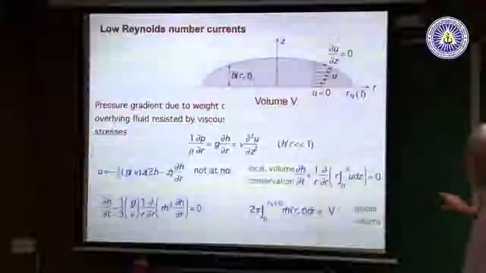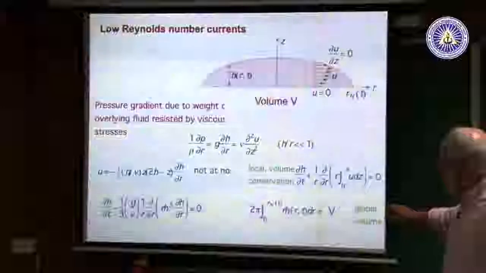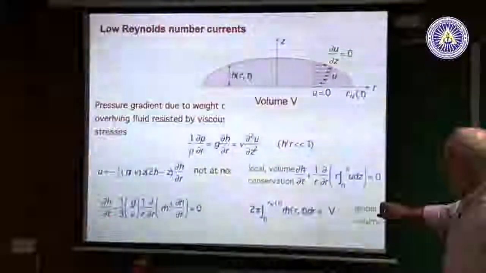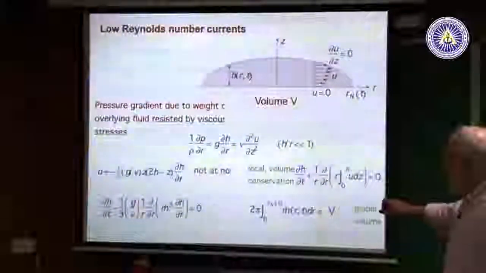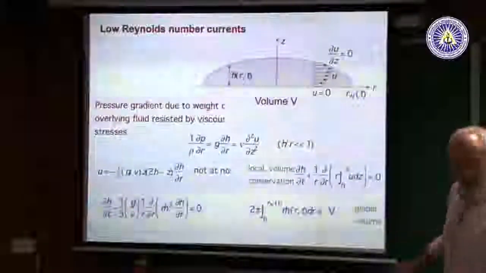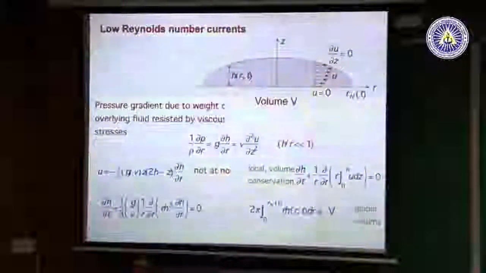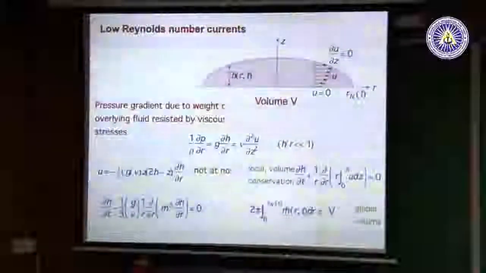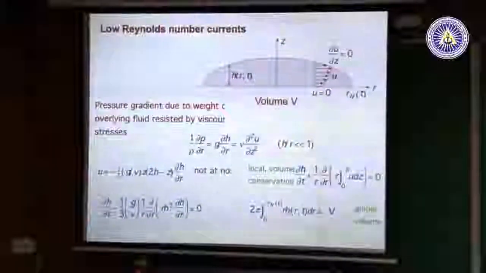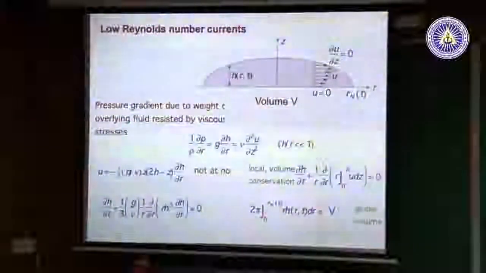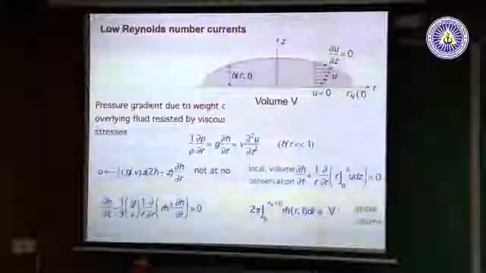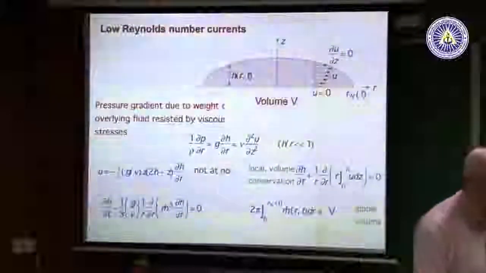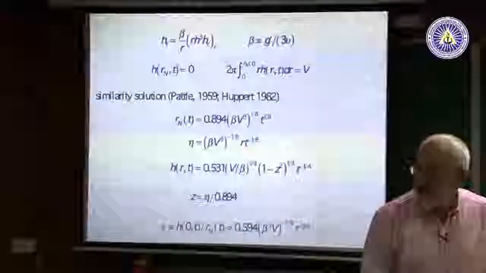So when we put that all together, we get this nonlinear partial differential equation in t and in r, and g the gravity and nu the kinematic viscosity. And then we have to conserve volume, so we have this volume conservation relationship. Okay, well that's the nonlinear differential equation.